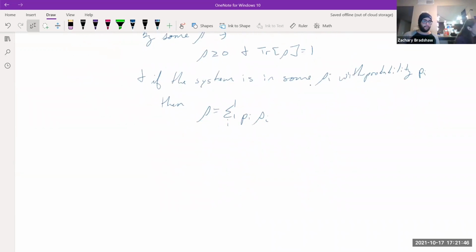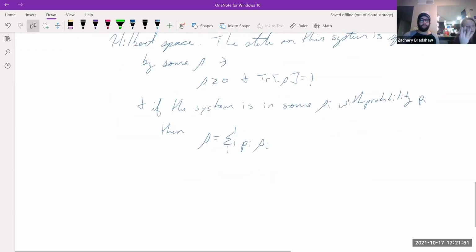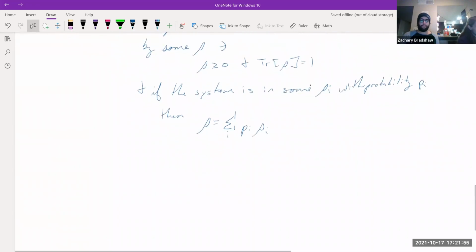Okay, so this is your first postulate, which basically says, hey, we have a Hilbert space and we have a state that lives in that Hilbert space that describes our system.